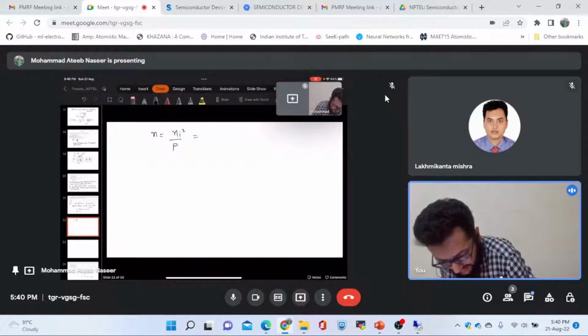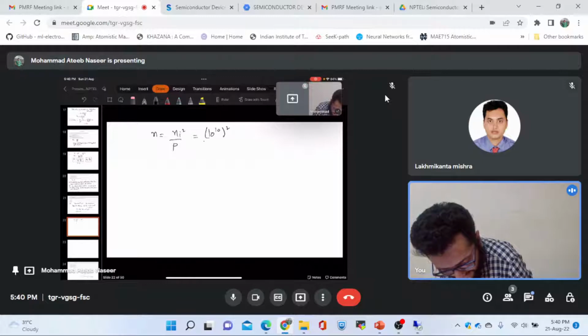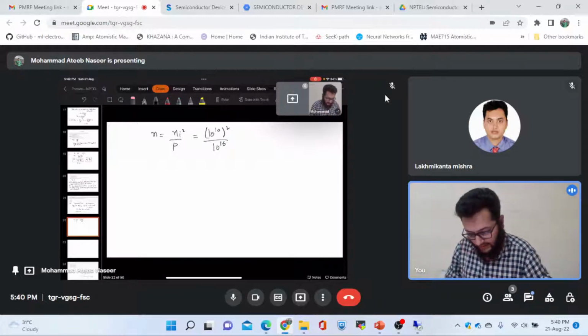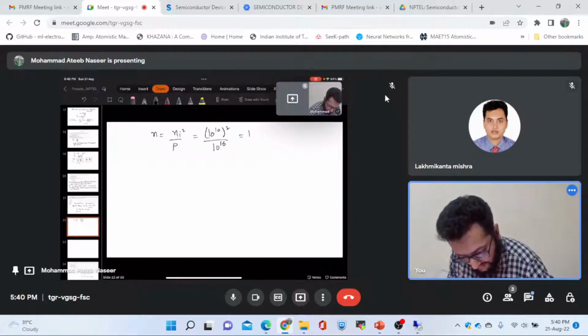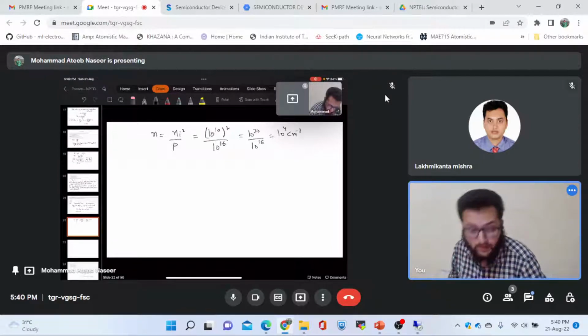So this will be 10 to the power 10 whole squared divided by 10 to the power 16, and it will come out to be equal to 10 to the power 20 divided by 10 to the power 16, equal to 10 to the power 4 per centimeter cube.